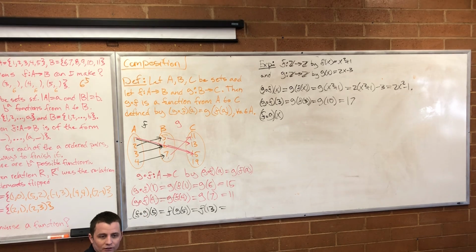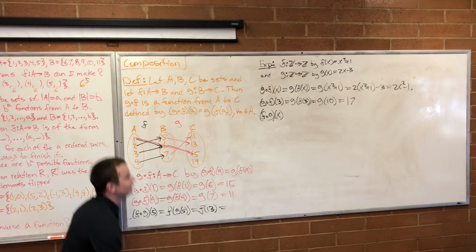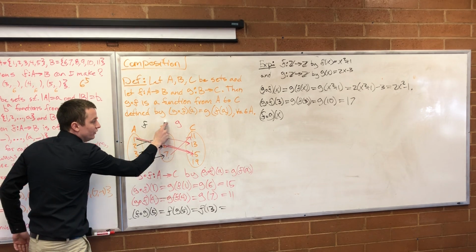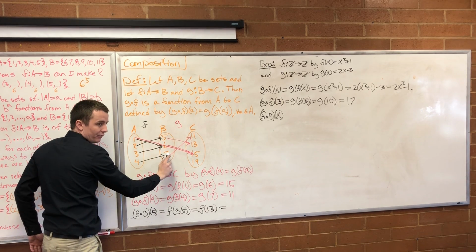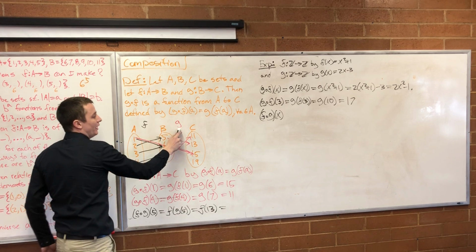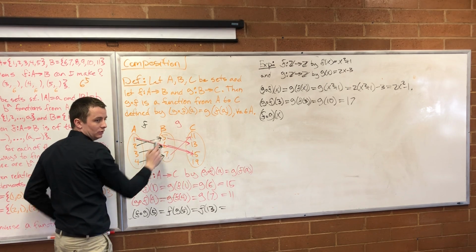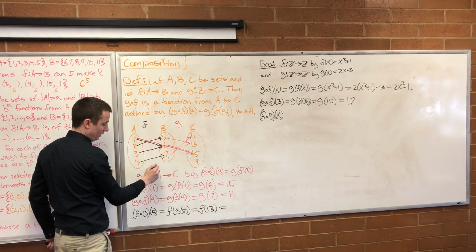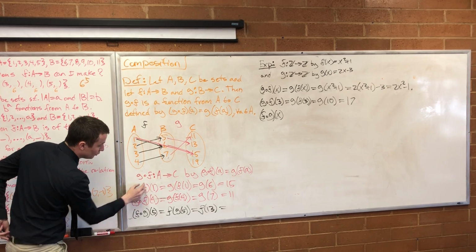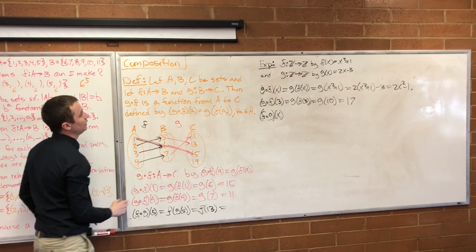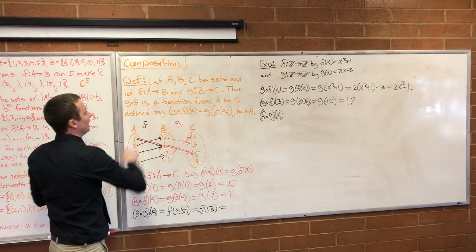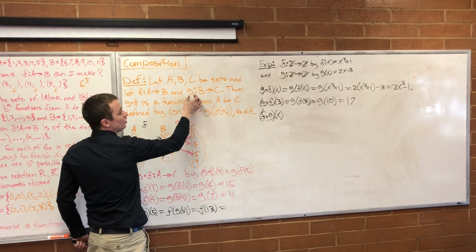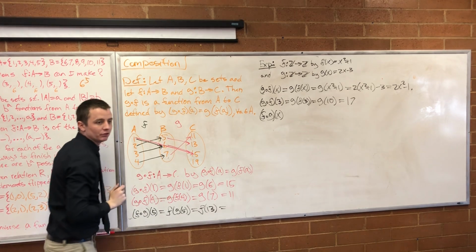Why isn't it working? The output, the image of f, has to be a subset of the domain of g. g has to be able to map the outputs of f to something. So when we did g composed with f from A to C, notice in order to compose, f goes from A to B, and g goes from B to C. g has to pick up where f leaves off.